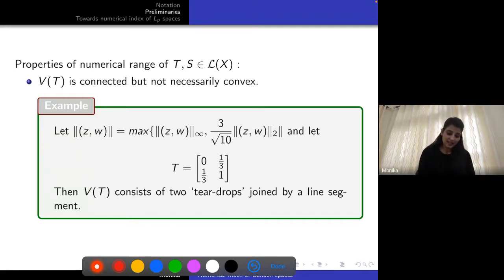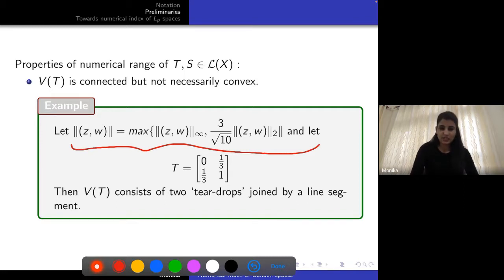In that case, we define the norm like this, and we take an operator T whose matrix representation is 0, 1 over 3, 1 over 3, 1. In that case, it was seen that if we compute the numerical range, it's actually two teardrops joined by a line segment.